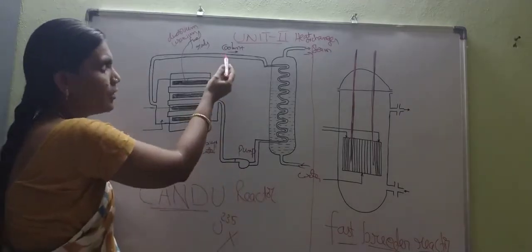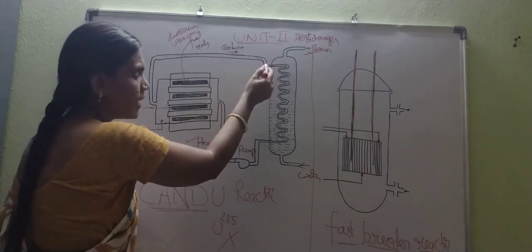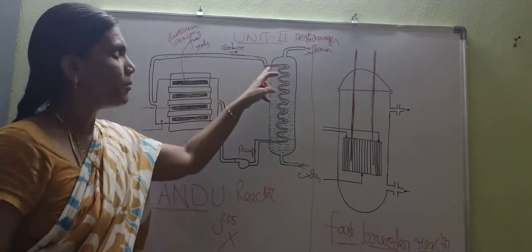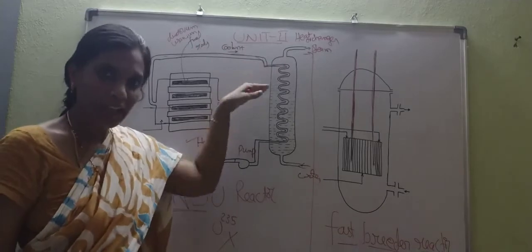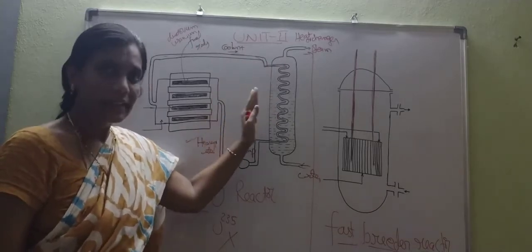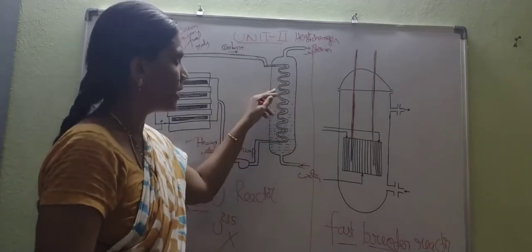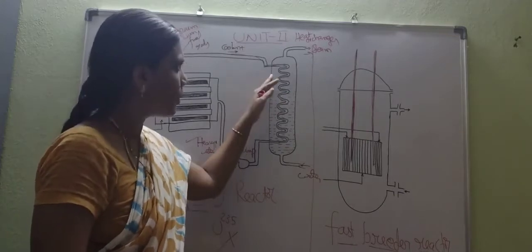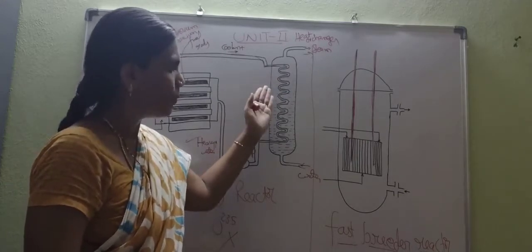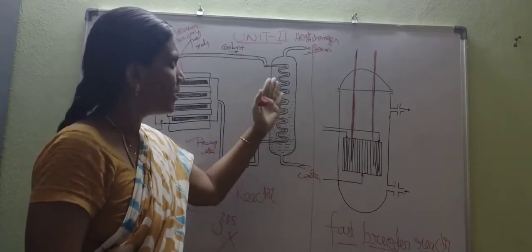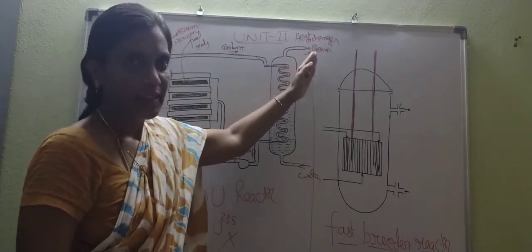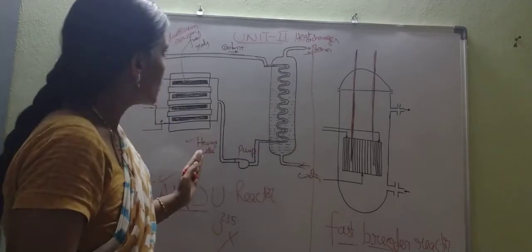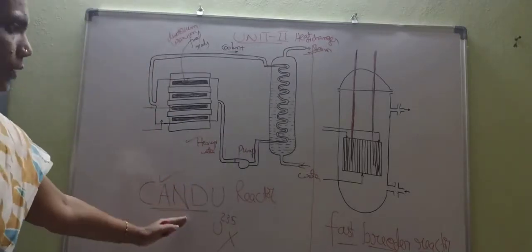So the coolant carries heat. When it enters the heat exchanger, the coolant gives up the heat, raising the water to its boiling point and producing steam. More steam then comes out from the heat exchanger. That is the principle of operation of the CANDU reactor.